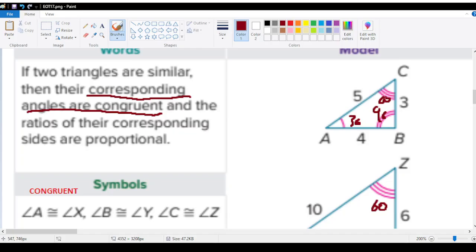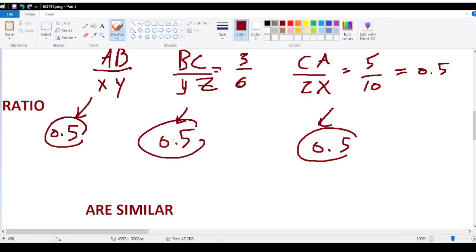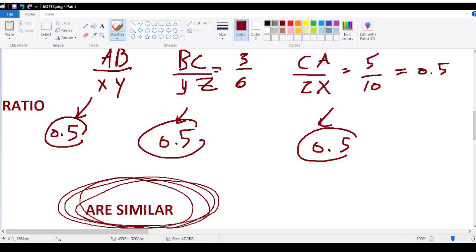Now look, all of the corresponding angles are the same. That means that these two shapes are similar. If we don't know anything about angles, we know about sides, we will find the ratio. If the ratio was the same, then we can say that these two triangles are similar.